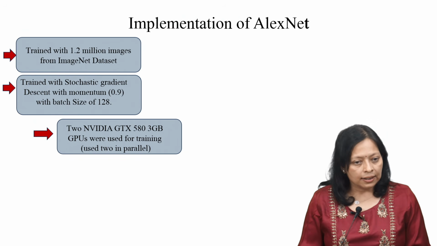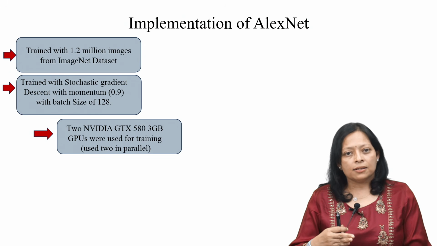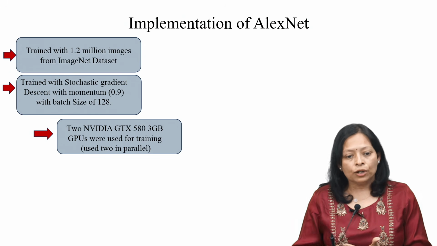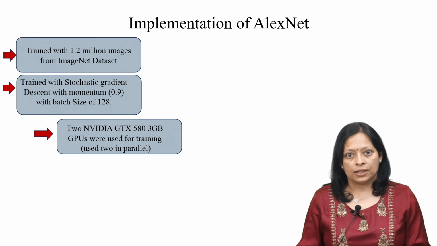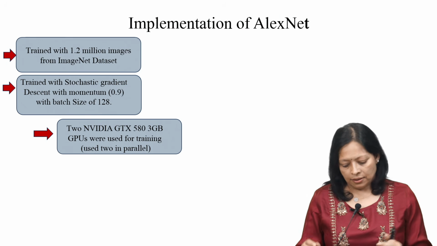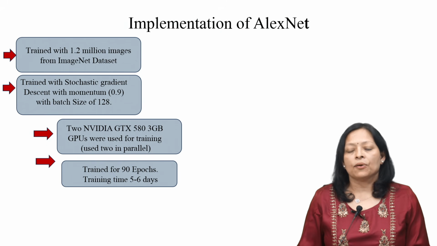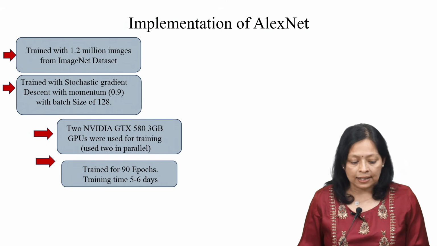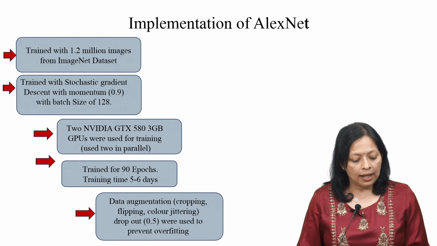And this had a very good improvement in the time. That means it sped up the process. So, they made the training in such a way that the training time was only 5 to 6 days, and they trained the model for 90 epochs.